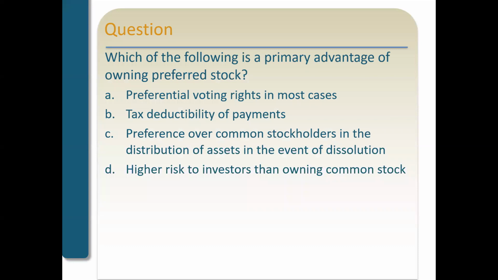So guys, which of the following is a primary advantage of owning preferred stock? Is it preferential voting rights, tax deductibility of payments, preference over common stockholders in the distribution of assets in the event of a dissolution, or higher risk to investors than owning common stock? What do you guys think?